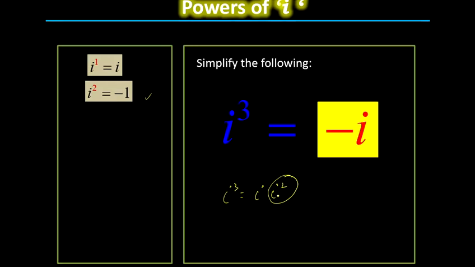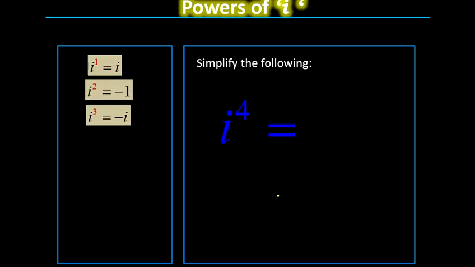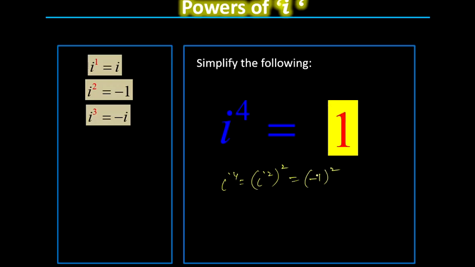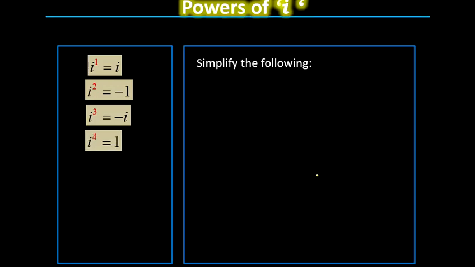Similarly, if I am going for i power 4, I can rewrite simply this as iota square as whole square. Iota square is -1 with square. What do you get? You get 1. Moving forward, if you are moving to iota power 5, i power 5 means I can rewrite as factor of i power 4 and i power 1.